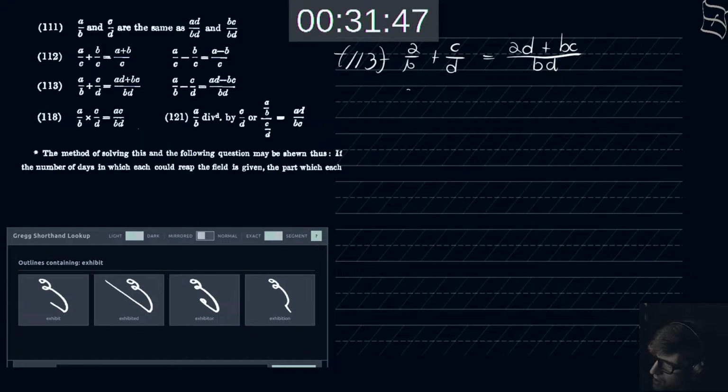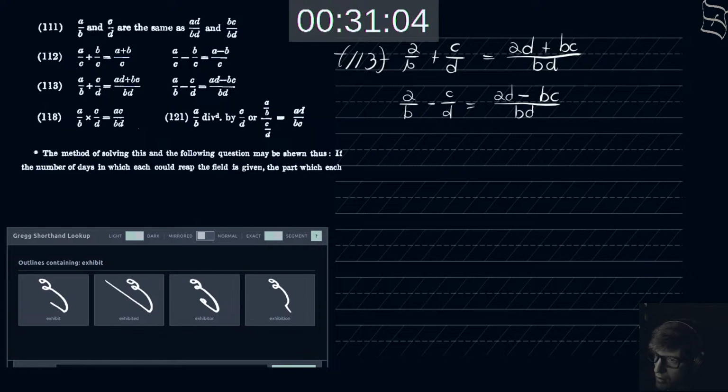If you have the difference between two fractions, A over B and C over D, this can be resolved in the same manner, where you take the product of A and D subtracted from the product of B and C, and that is also over the denominator of B and D.